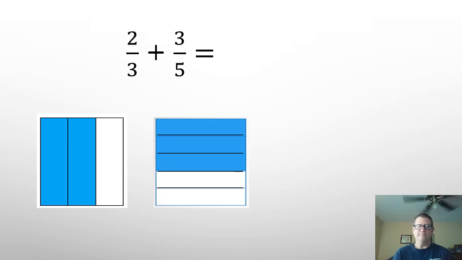Okay, so we have 2/3 and 3/5. Once again, just copying over, taking our fifths over to our thirds. Now on my fifths here, I have to create my thirds.